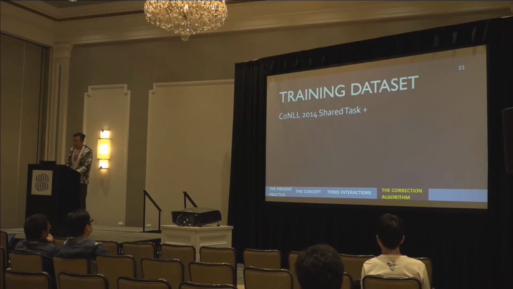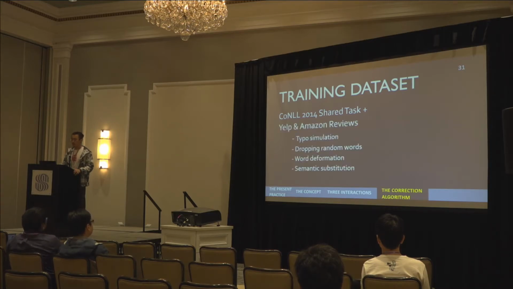For training, we use the CoNLL Shared Task 2014, which is a correction task. We also use Yelp and Amazon reviews. But the reviews are good text, which means we had to inject errors into the text. We applied 4 strategies. The first one is typo simulation using a keyboard spatial model.